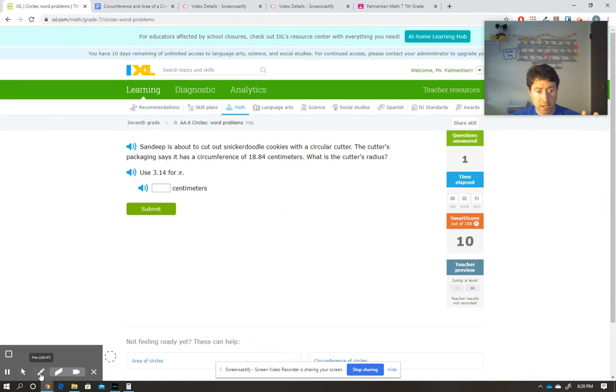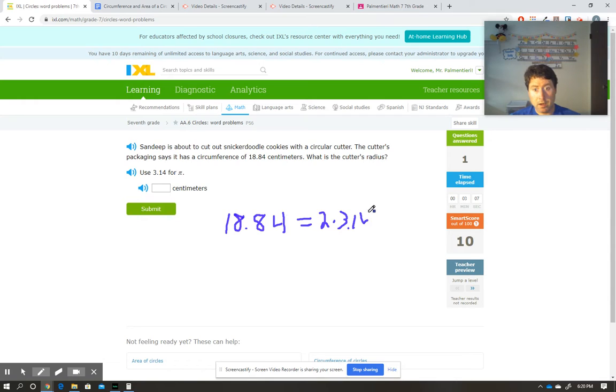Okay, so right away, I'm going to write down the circumference, which is 18.84, and I'm going to write down 2 times 3.14, and I'm just going to put R right here. Okay, so right away I can do this. 2 times 3.14 is 6.28, and then that's with the R.